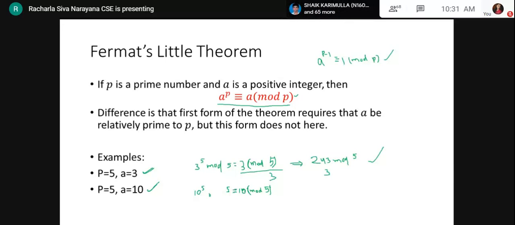So 10 power 5 mod 5 is equal to 10 mod 5. 10 power 5 means 10, 100, 1000, 10,000, 100,000. The result of 10 power 5 mod 5 is 0, and 10 mod 5 is 0. The remainders are the same. So this is Fermat's little theorem.